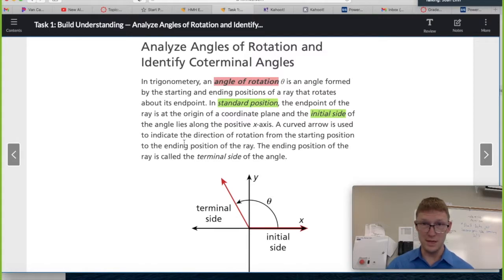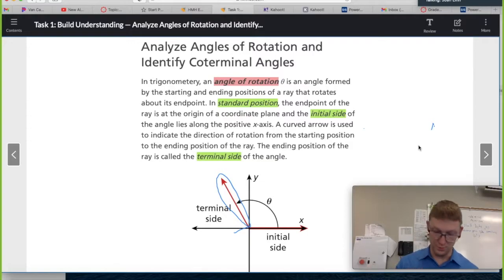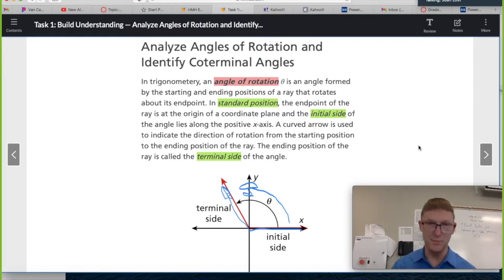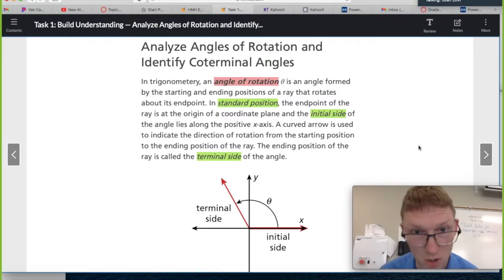Then there is the terminal side, and the terminal side is this part right here. That is the thing that moved. If we have our two rays, our first one is here along the x, and then it rotates up this way, and then here we have our terminal side. Again, my drawings are amazing, I know. So angle of rotation, theta.